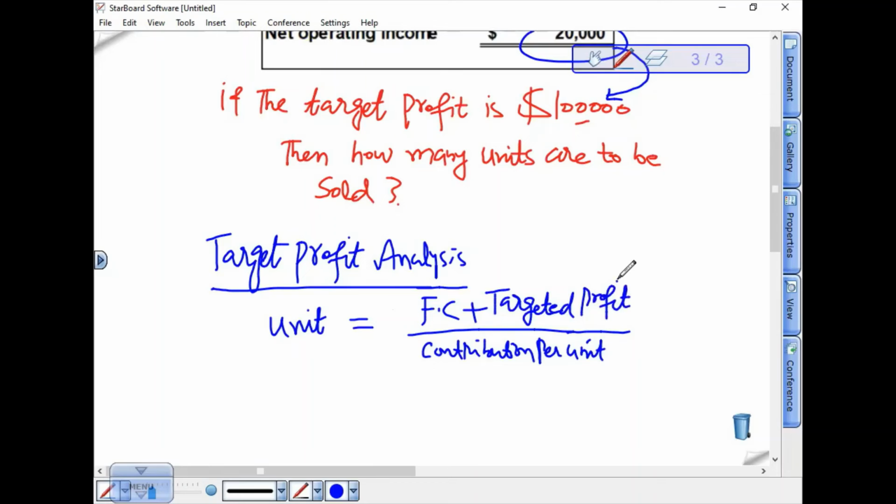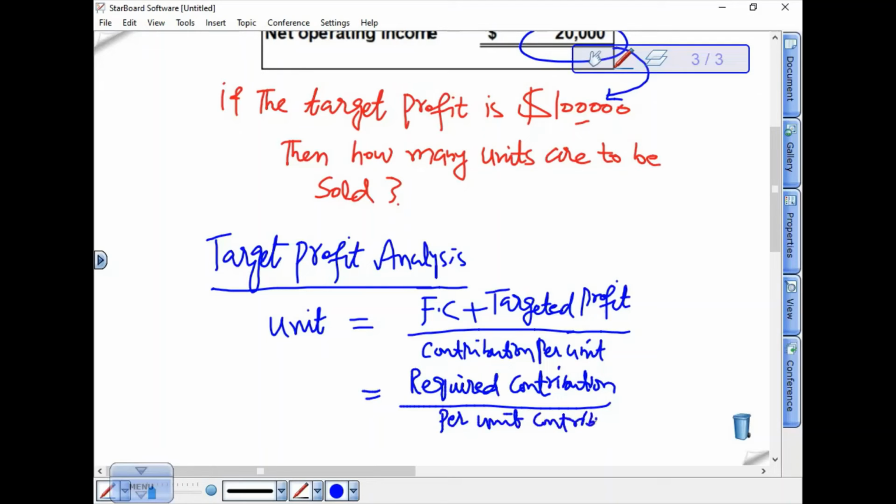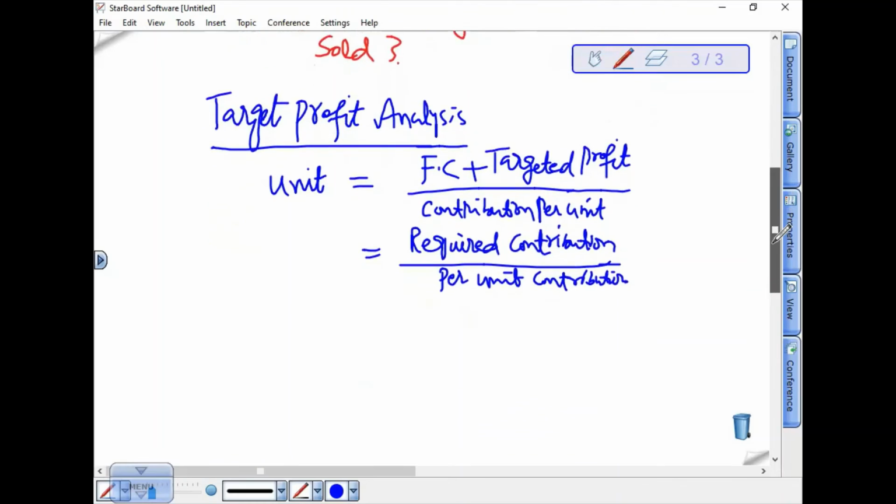And now the numerator becomes required contribution. Required contribution over per unit contribution. Now the formula is straightforward. Now we can put the values in the formula.